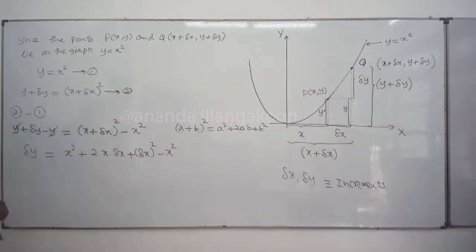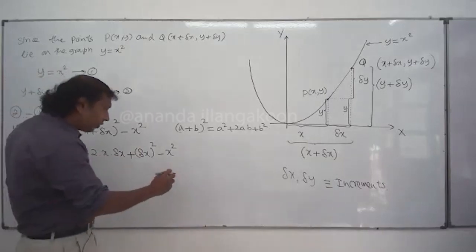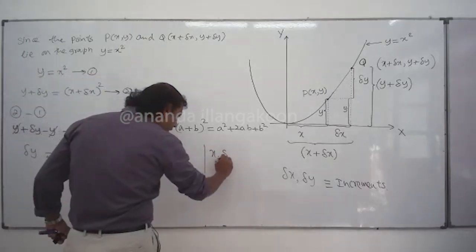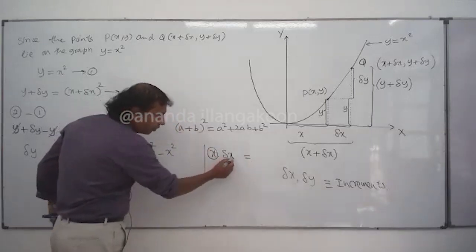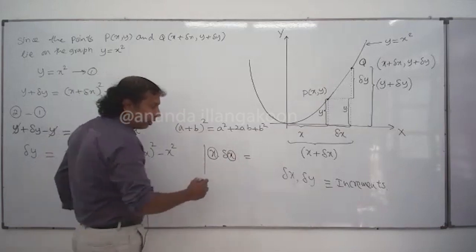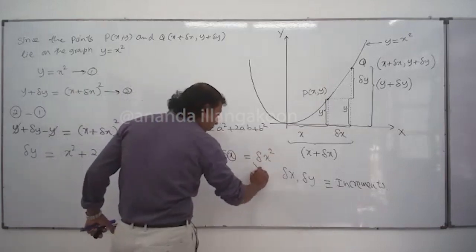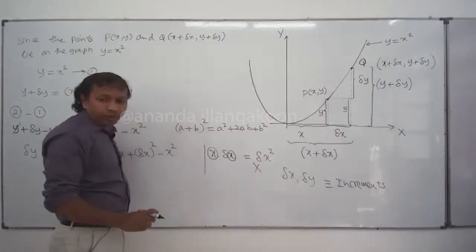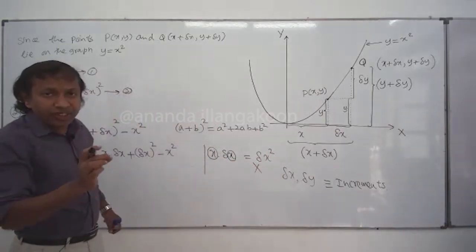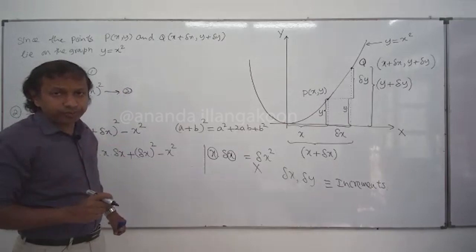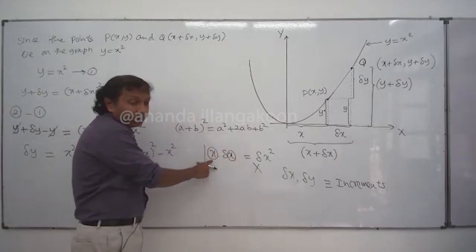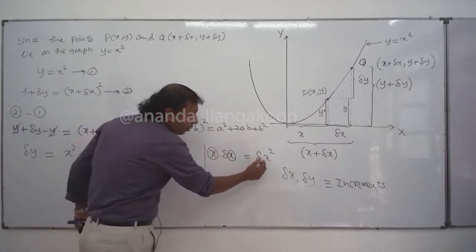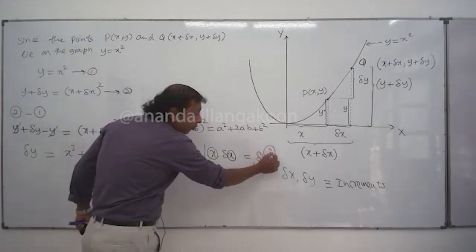People, here in this simplification, you have 2 into x into delta x. Especially this x into delta x, when you write, people, remember that you can't multiply this x and this x, and multiplying them, you can't write it like this. This is wrong. This delta x stands for what? Delta x stands for a very small value of x. And when we multiply such a small value of x by this x, if we write this way, this says change in x squared.